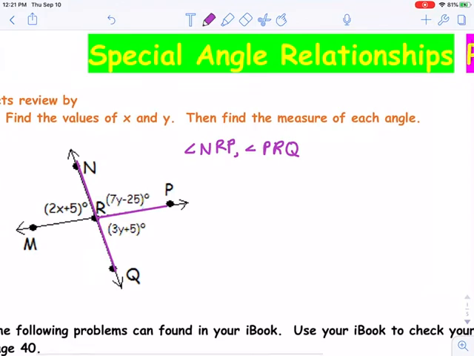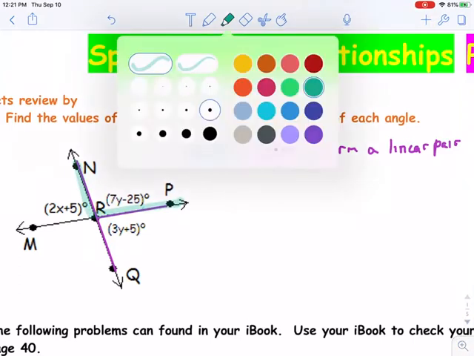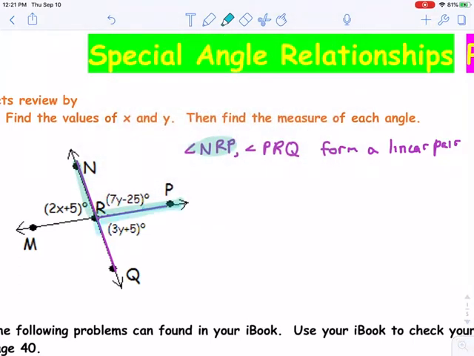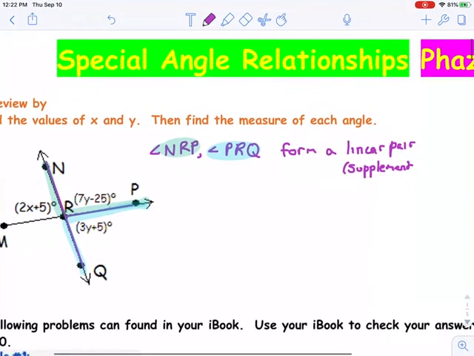Students hate to do it, but you have to be good at it. That's that angle right there, and that's that angle right there. So they're supplementary. When you see a linear pair, it's just a special case of supplementary angles. Supplementary means 180.